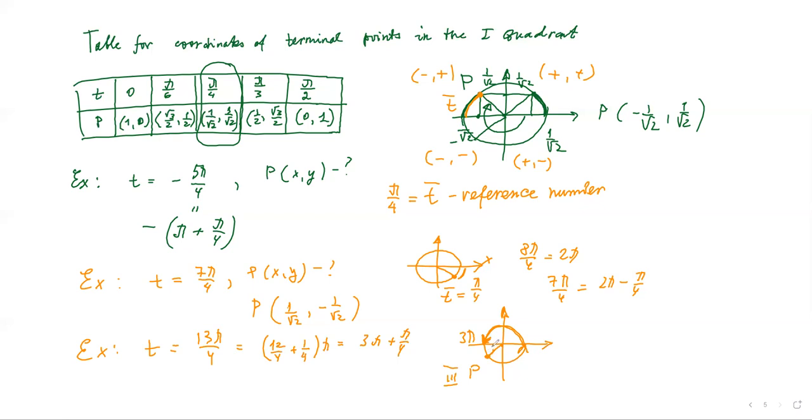Well, the reference number over here is going to be t bar, pi over 4, because that's how far it is from the x-axis. So we're again going to use the same numbers, but the coordinates are going to have all minuses, right? Minus here and minus here. So I'm going to have minus 1 over square root of 2, minus 1 over square root of 2. That's going to be my P, which corresponds to t equals 13 pi over 4.